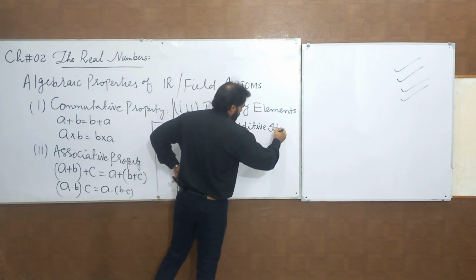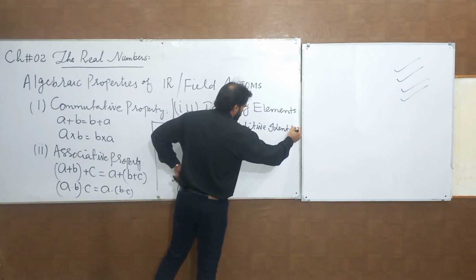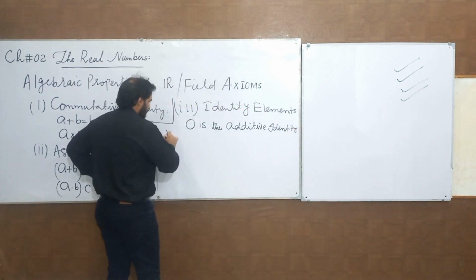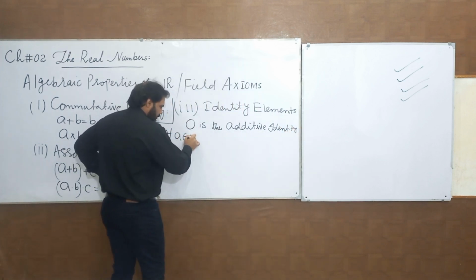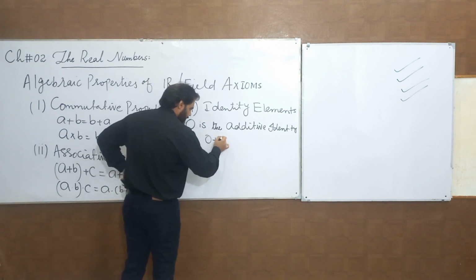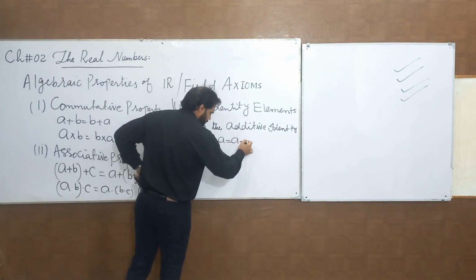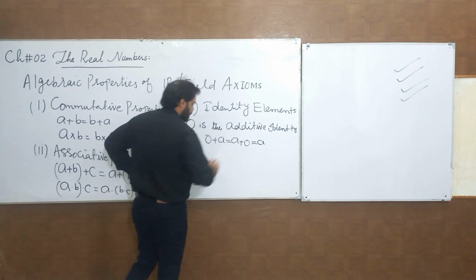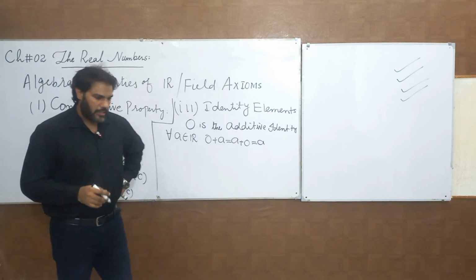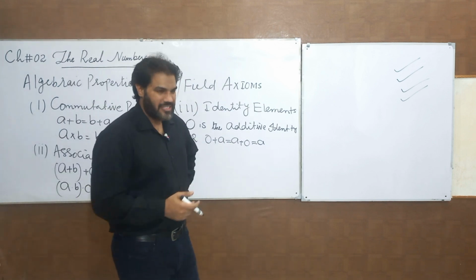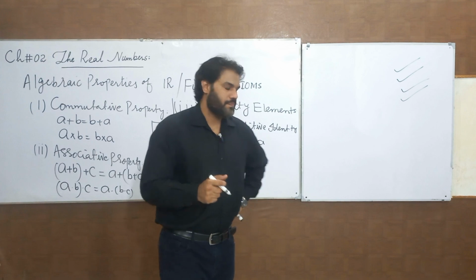For all A belonging to R, 0 plus A is equal to A plus 0, which is equal to A. This shows 0 is playing its role as additive identity.